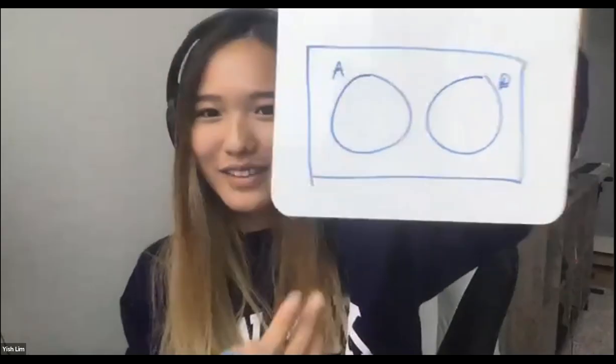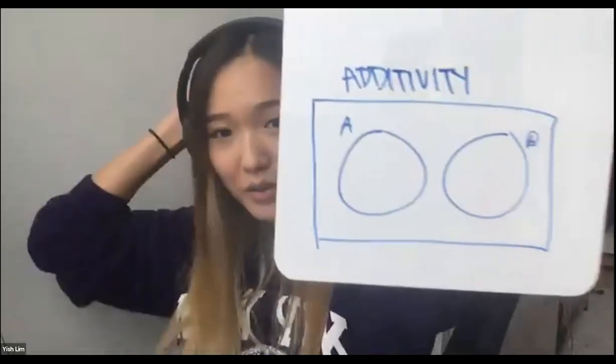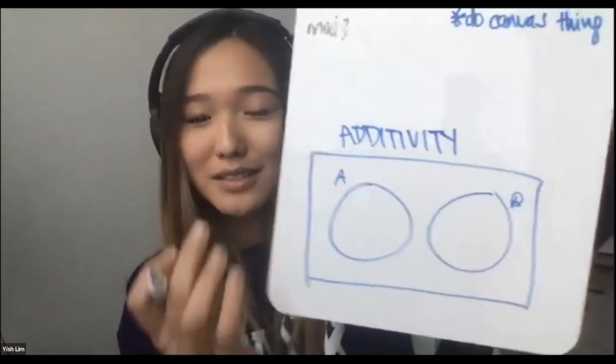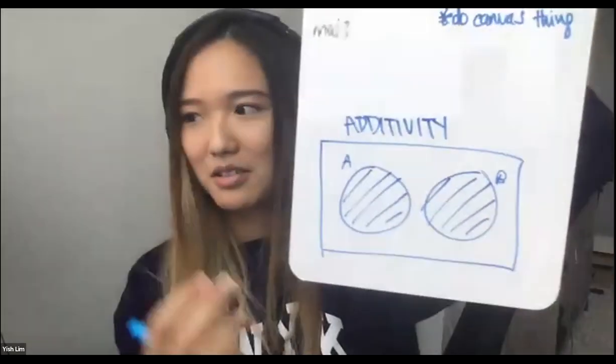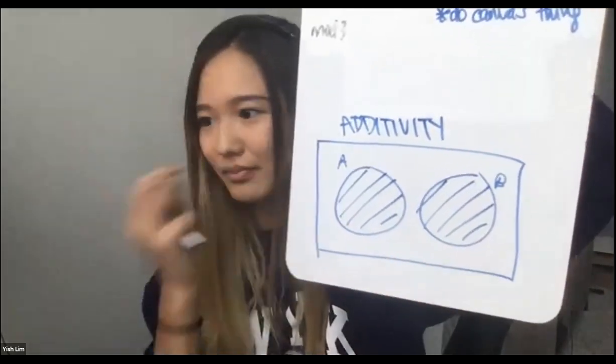Yeah. Perfect. All right, so here we have 2 exclusive events. And I'm just going to write here additivity, so we remember what we're talking about. When we're talking about the union of 2 exclusive events, remember union just means anything that's in A or in B. So I'm going to shade in A and B, because the union of these 2 exclusive events is anything in here or in here.